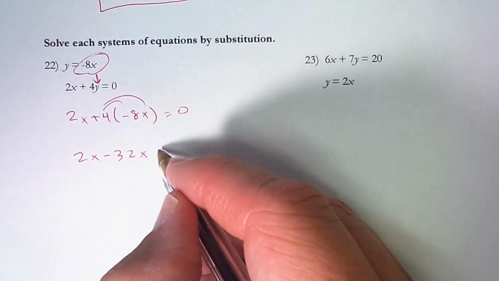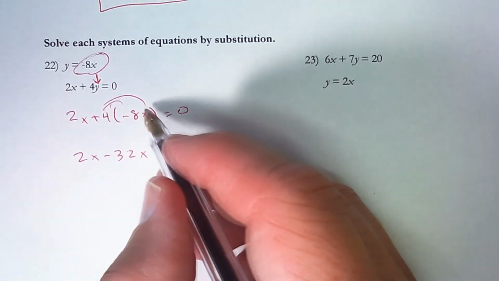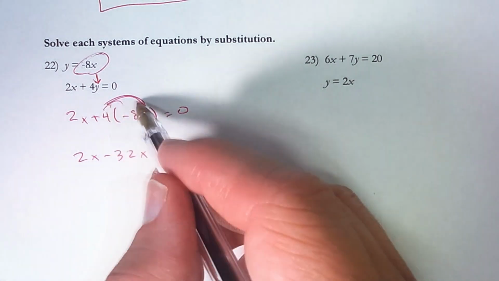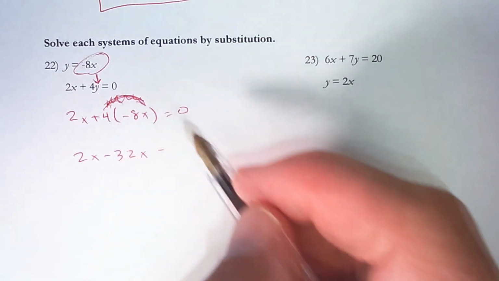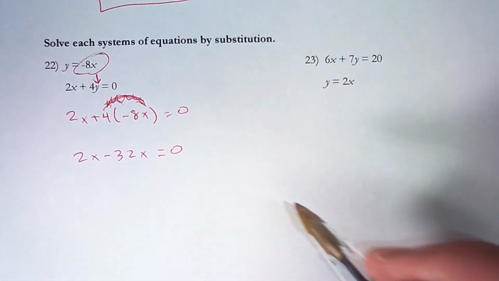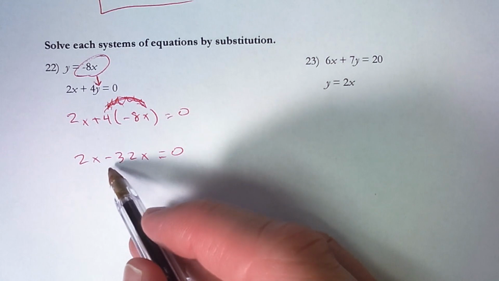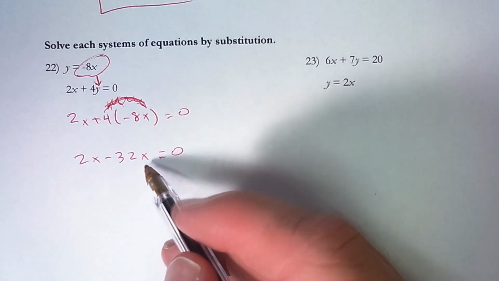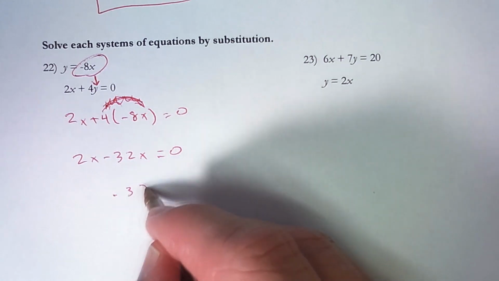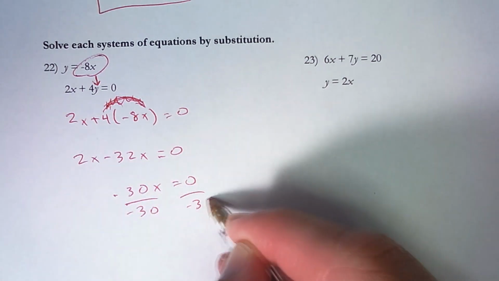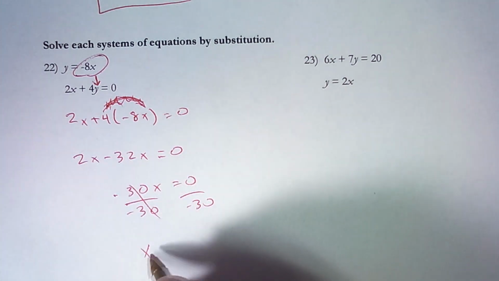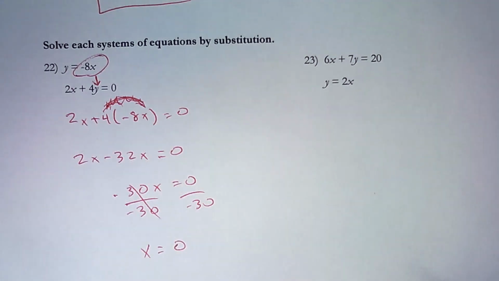So minus 32x. Okay, that really didn't need distribution since that's one term, so let's just pretend that never happened. So equals 0. Okay, so 2x minus 32x is negative 30x equals 0. And when we divide by negative 30, we get x equals 0.